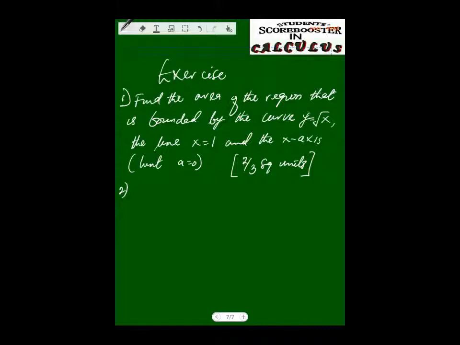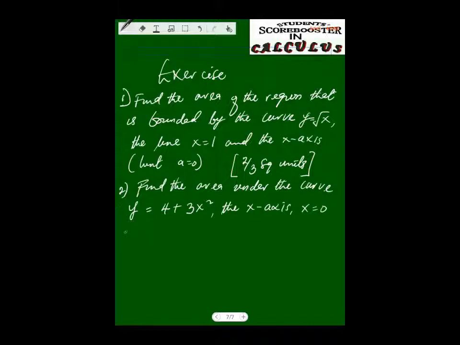Number 2, find the area under the curve y is equal to 4 plus 3x squared, the x-axis, x is equal to 0 and x is equal to 1, and this is 4 square units.